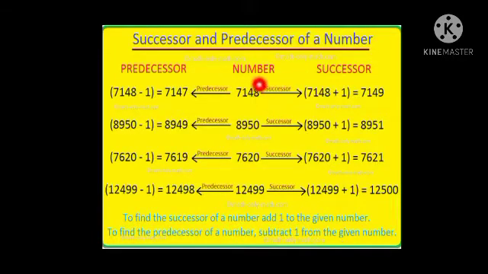You have to add 1 to that number. 7148 plus 1 is equal to 7149. Therefore, the predecessor of 7148 is 7147, that is the before number. And the successor of 7148 is 7149, that is the after number.